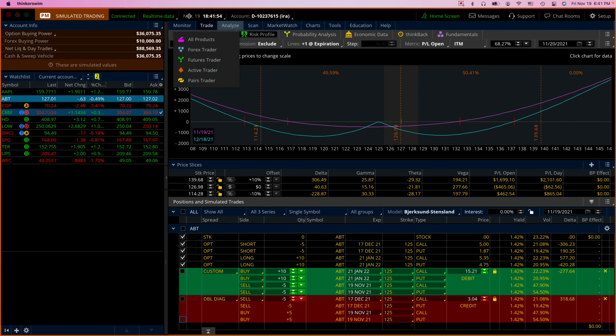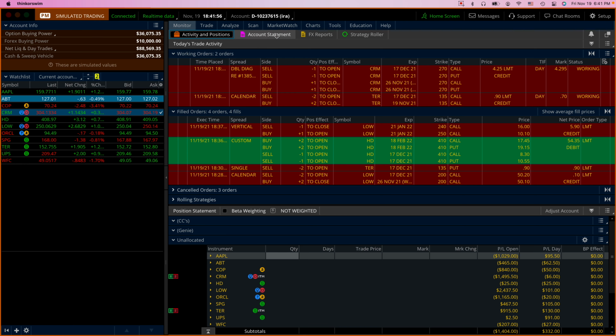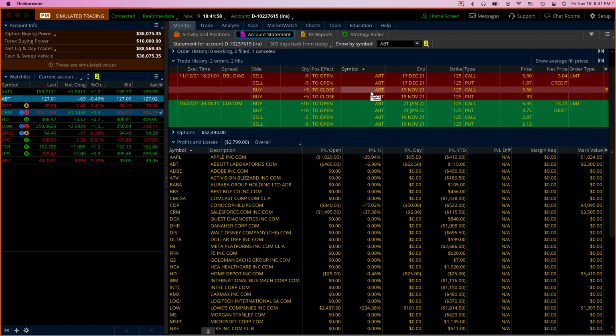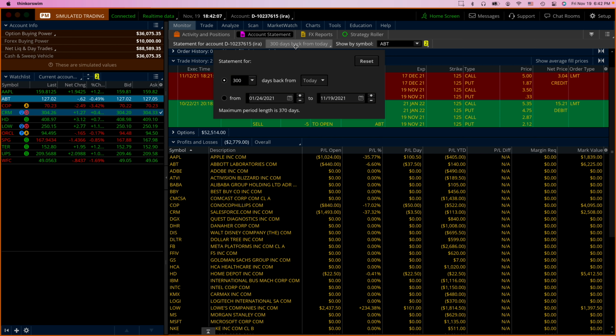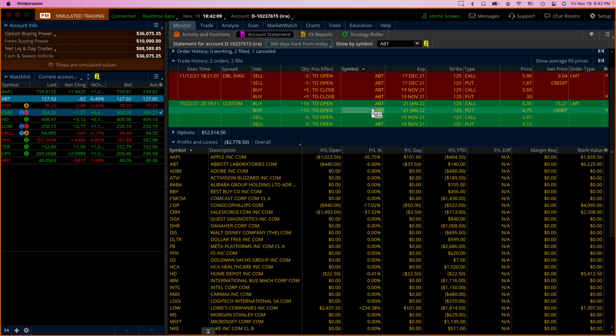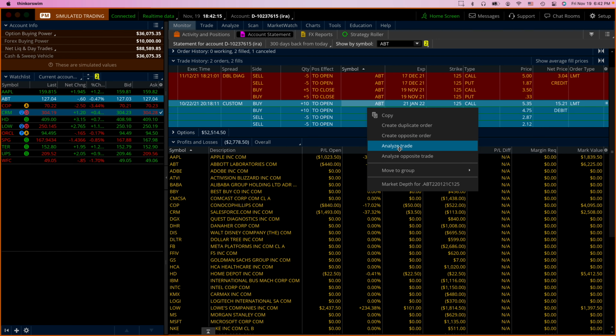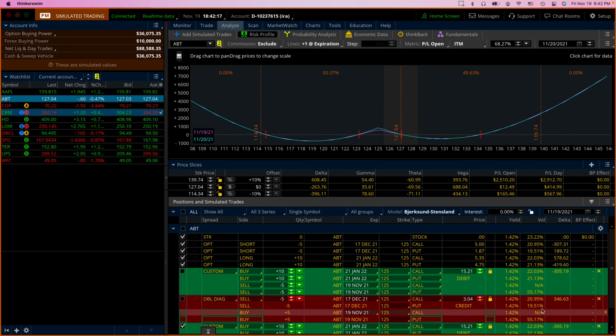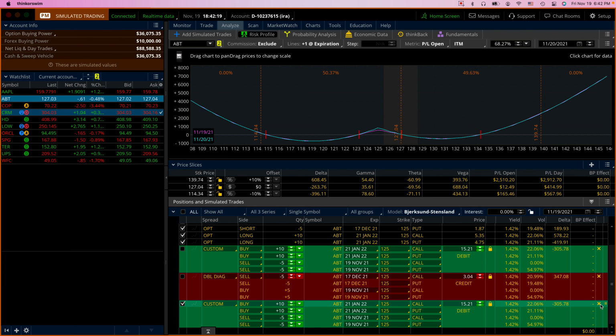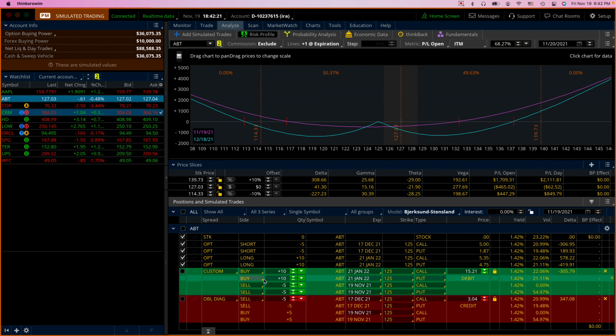You can copy your trade from the monitor tab, all the moves you have made from the account statement, and you can just simply select, make sure you go enough days back. In this case I put 300, it could be 10 days or 100 days might have been enough, but anyway, you can say analyze trade, and that brings your trade history in here.